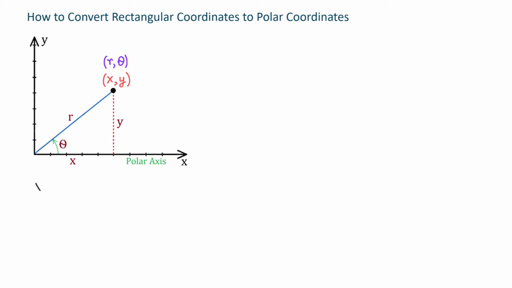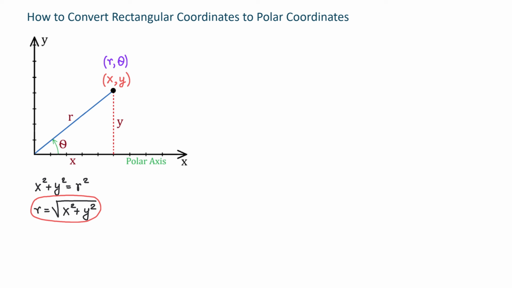So again, x squared plus y squared equals r squared. Then if we want to solve for r and keep r positive, then r equals square root of x squared plus y squared. So knowing x and y, we can use this formula to find r.